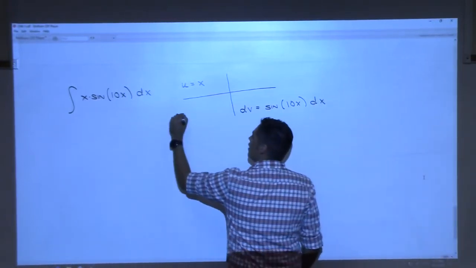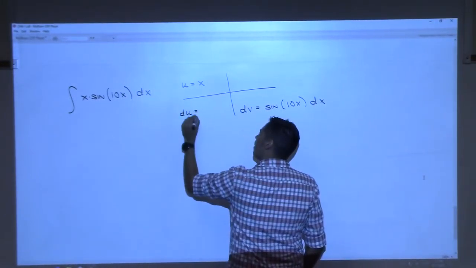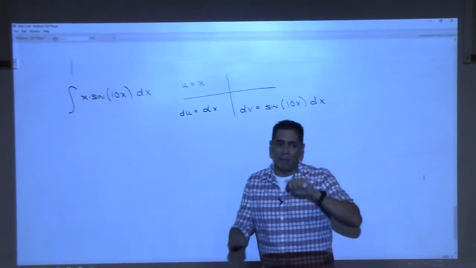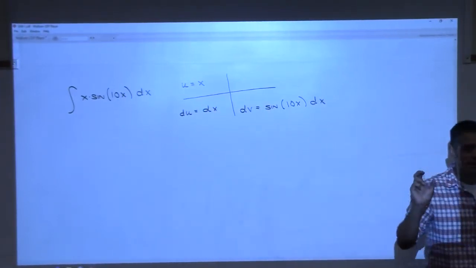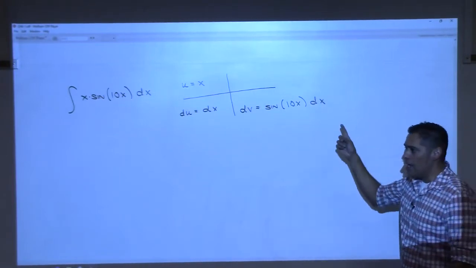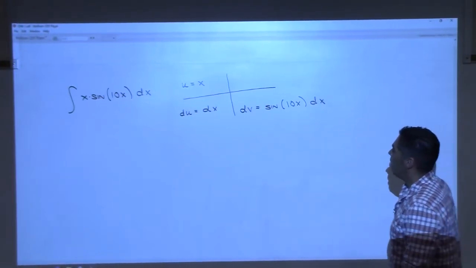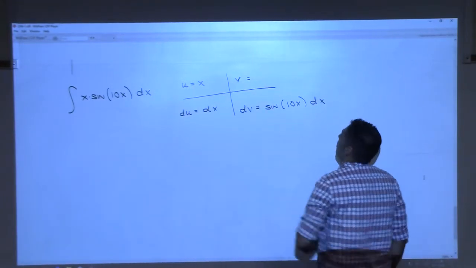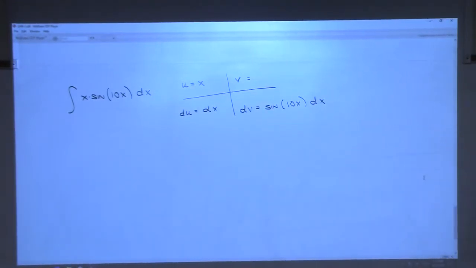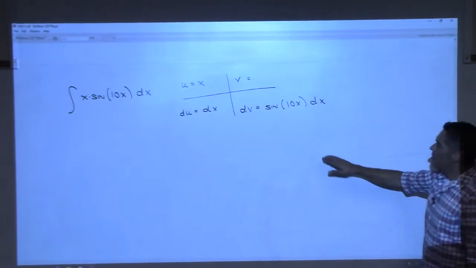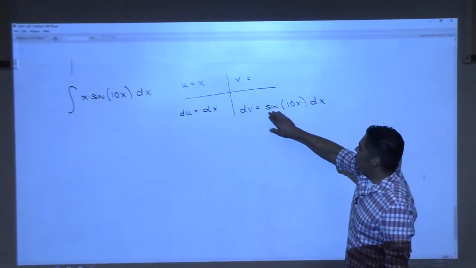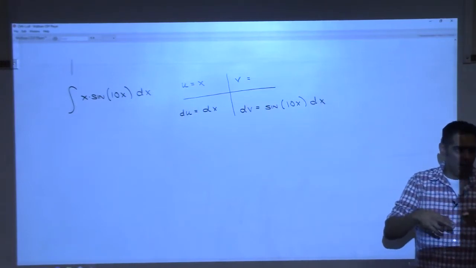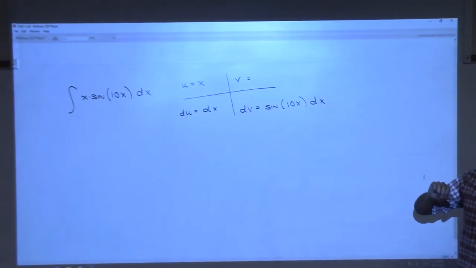Let's get du. Du is what? dx. So yes, it's 1, but if you have 1, make sure you put that dx there. It's 1 times dx. And now we have to integrate to go up to v. We talked about this at the end of class last time: if you have a trig function with a linear function inside of it, you're going to have to account for that with some sort of scaling out in the front.